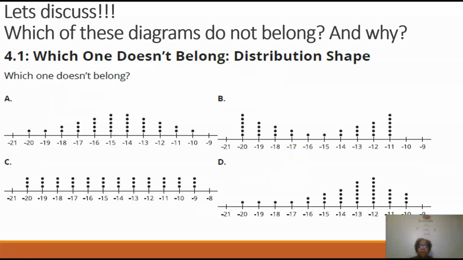Remember when we've done these types of warm ups, I've always said to you, there is not really a right or wrong answer. What is important here is the justification. Can you justify your response? And make sure that in your justification you have an explanation of why you chose the response that you chose.